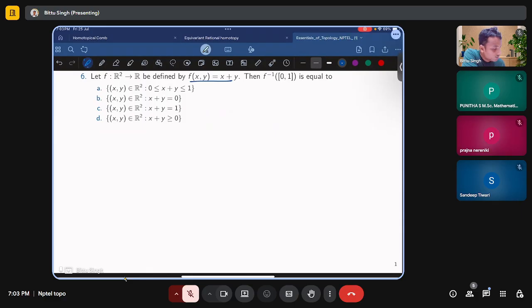So again, let (x, y), so the domain is R2, right? So we need to pick two points. (x, y) belongs to R2. So this belongs to f inverse of closed [0,1].